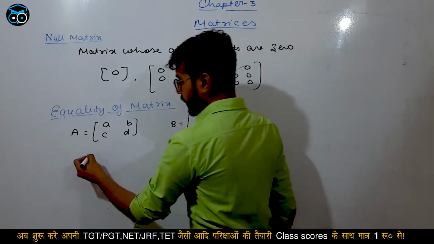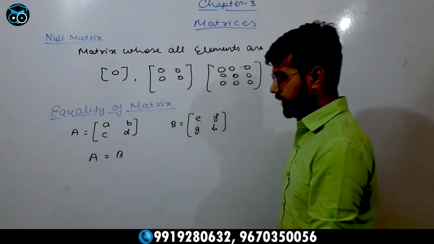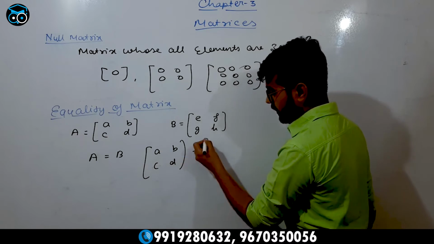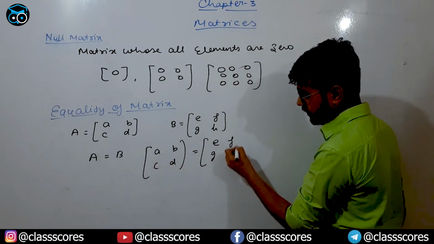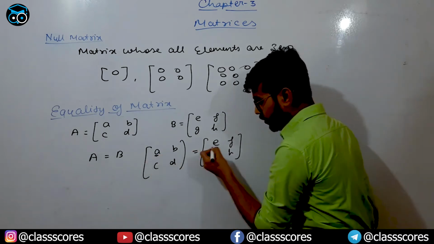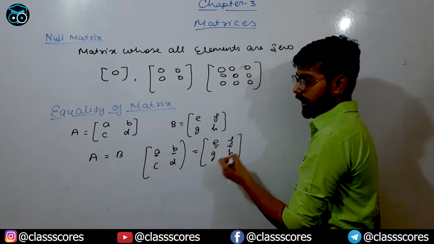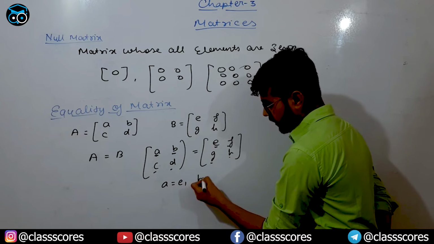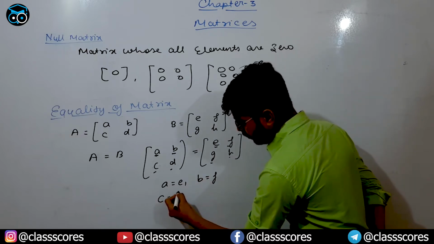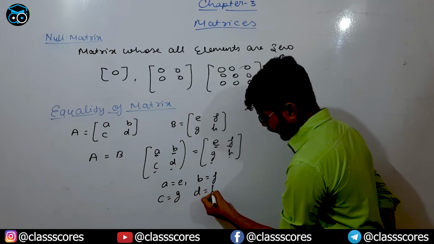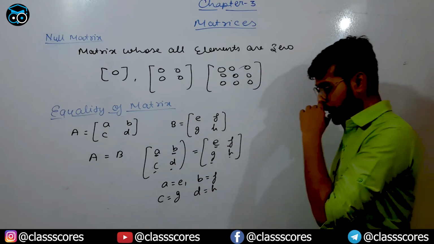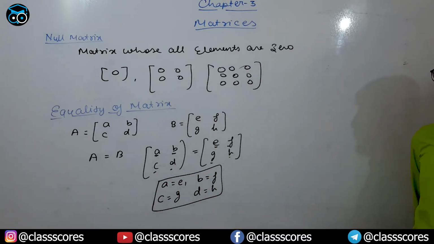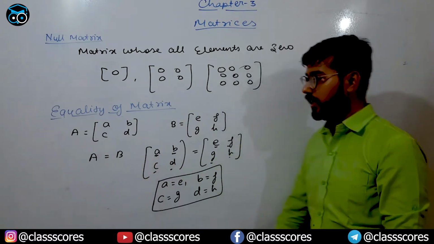If someone says that A is equal to B, it means the elements of A, that is a, b, c, d, and the elements of B, that is e, f, g, h, both are equal. Means a is equal with e, b is equal with f, c is equal with g, and d is equal with h. This is the basic condition for equality. If any one dissatisfies the condition, then it will not be equal. Okay?